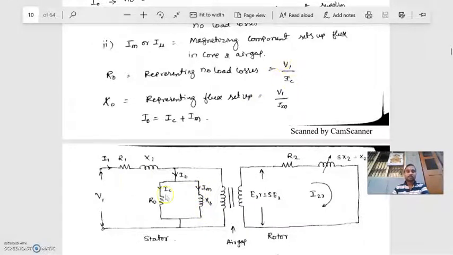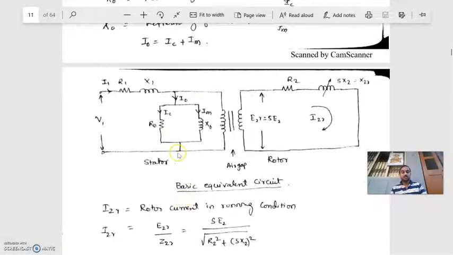Therefore V1 by IC gives R0, and V1 by I mu gives X0. The vector summation of IC and IM gives I0, so I0 is the sum of IC plus IM.